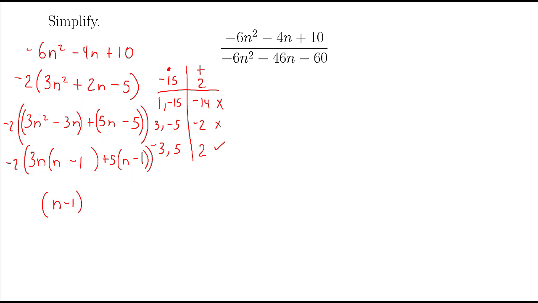If I divided by n minus 1, I'd be left with 3n and positive 5. In other words, 3n and the 5 go there. So we have n minus 1 times 3n plus 5, but let's not forget the negative 2 on the outside. So there we go. That's the numerator.